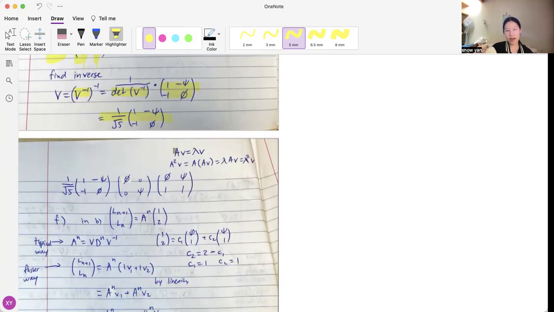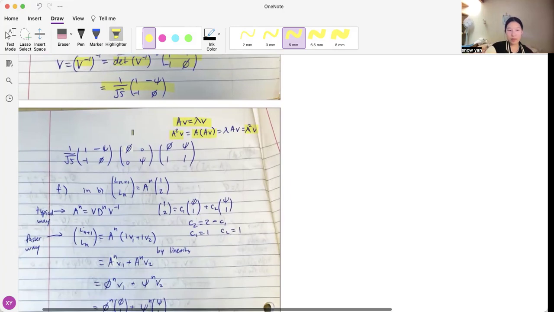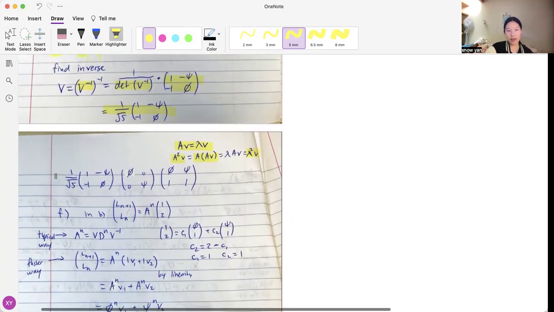Then I know that AV is equal to lambda V, so A squared V is equal to A of AV, which gives lambda squared V. That simplifies my calculation and I would be able to get it down to this form. So I was able to write this as my final answer.